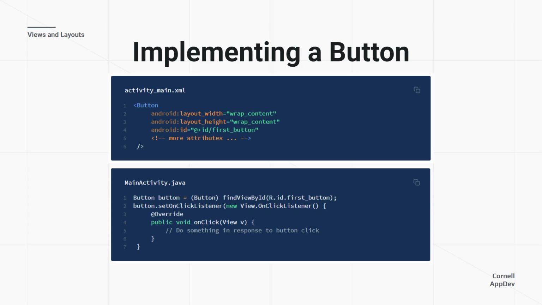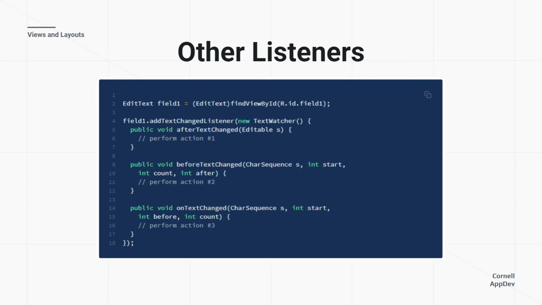And then you'll go into your activity and find your button. You have to find it from your layout that you're using at the moment, and then give it an on-click listener to do something when it clicks. There is an attribute in there that says on-click, and then you can have that target a method. That's often not recommended, for it triggers some weird things if it doesn't happen.